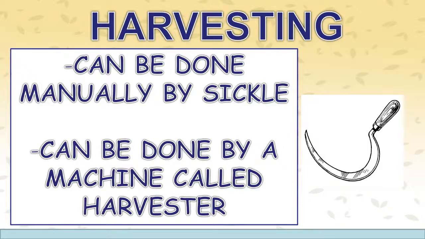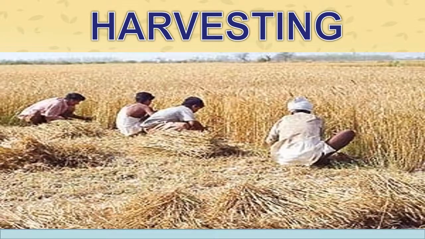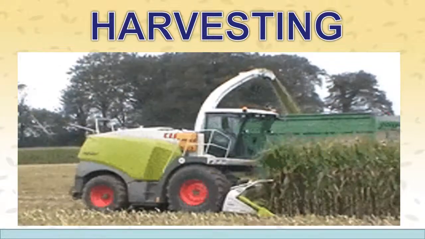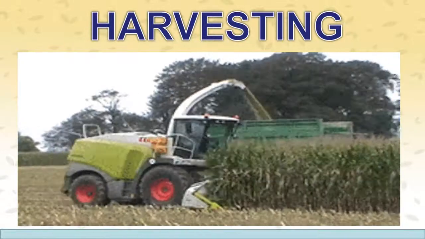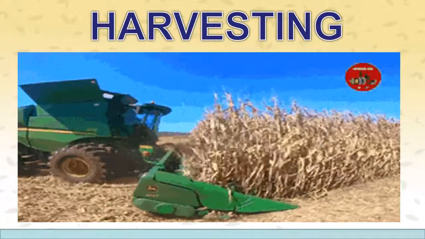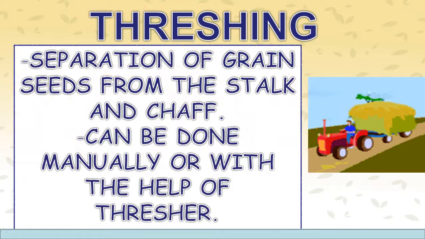Harvesting can be done manually by sickle, or it can be done by a machine called harvester. In the harvested crop, the grain seeds need to be separated from the stalk and chaff.